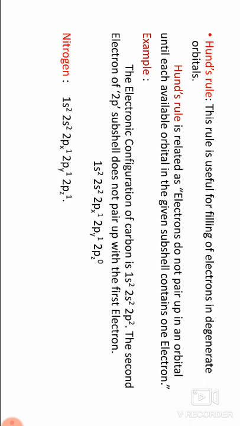Next, stability of atoms and ions. Atoms and ions with completely filled subshells or half-filled subshells are stable. Neon, argon, krypton, xenon and radon have completely filled outer s and p orbitals.